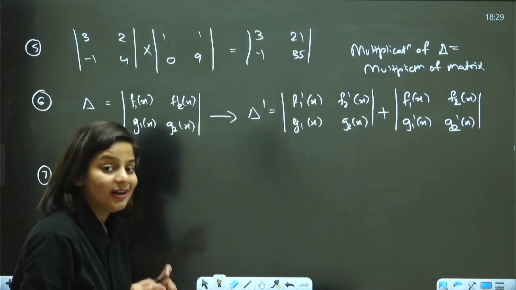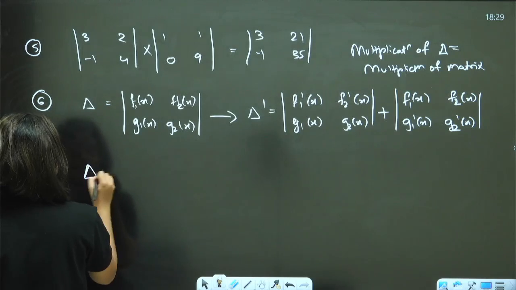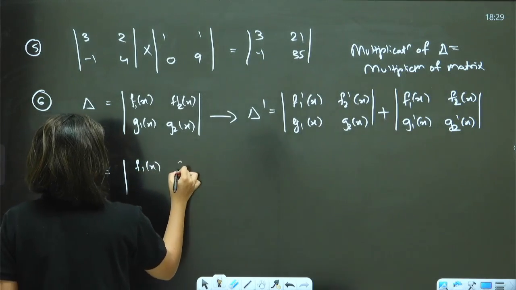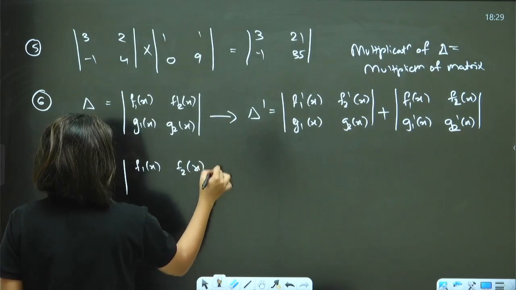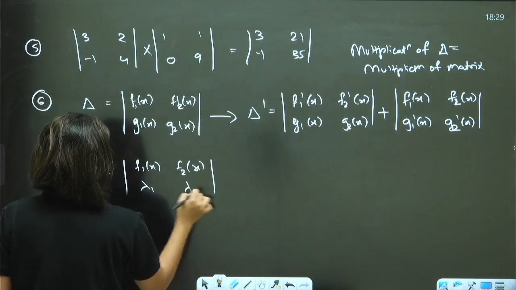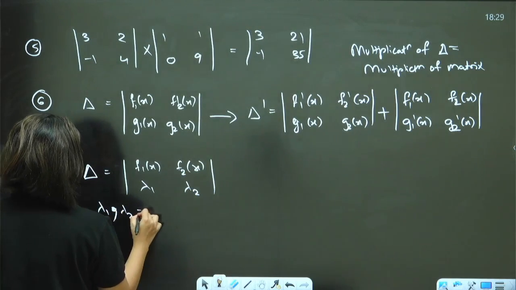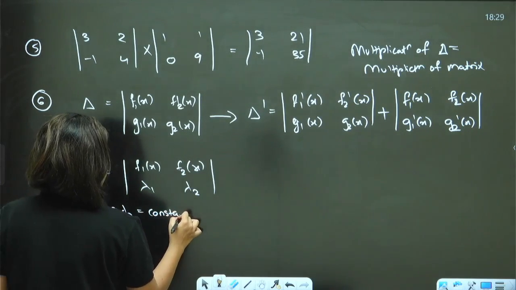And let's say we have to take integration. Determinant is f1x, f2x, lambda 1 and lambda 2, where lambda 1, lambda 2 are constants.